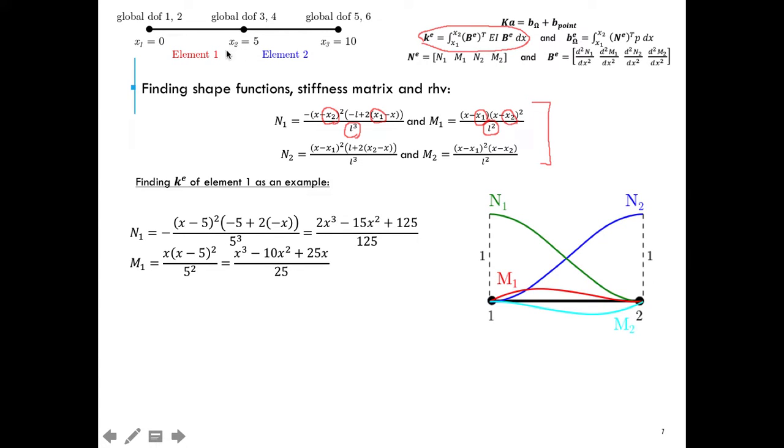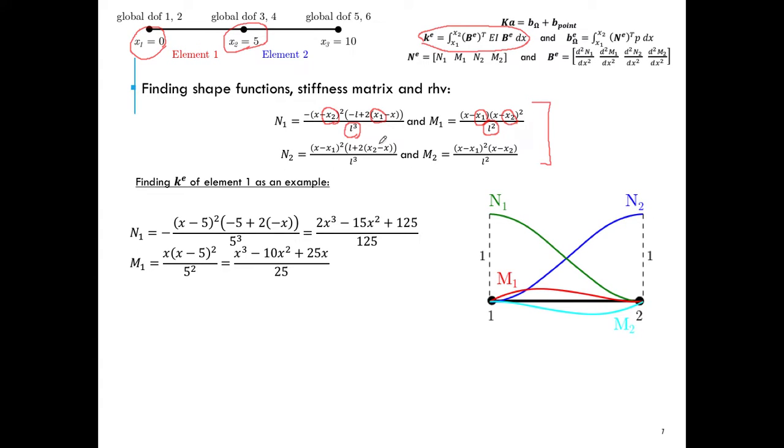What is x2? x2 is 5, so just x minus 5 whole squared, divided by, let me just circle these, the nodal positions x1 and x2, divided by 5 squared, so 25. Straightforward, just substitution into the expressions. In the same way we will find our n2 and m2 as well.